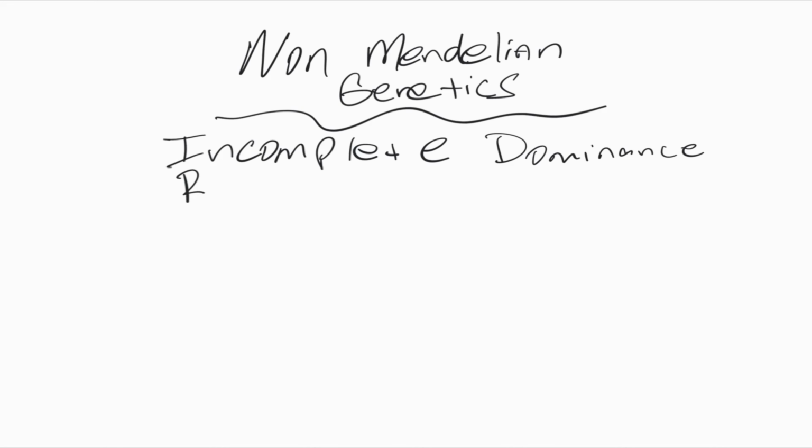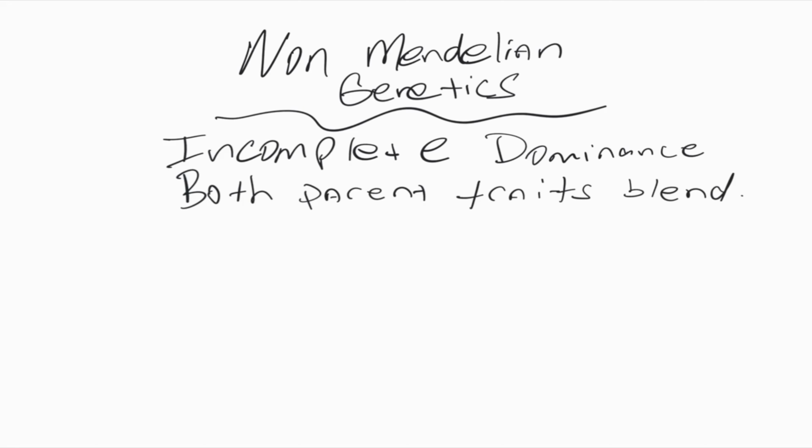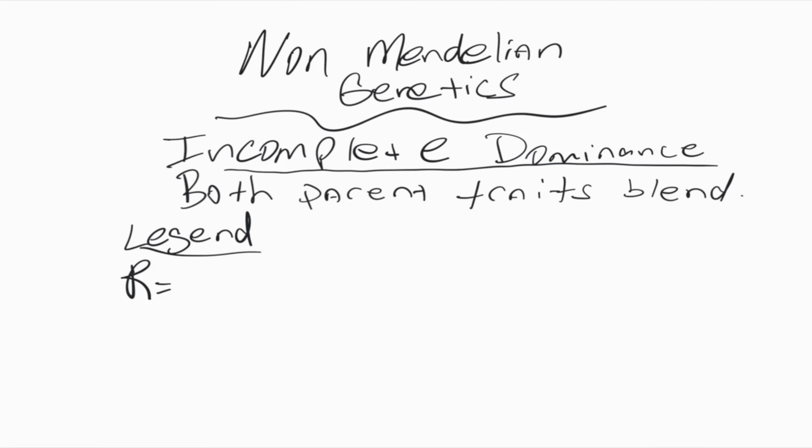Both parent traits blend, so not one overpowers the other. It is referred to as incomplete dominance. Here's our example. We have a red flower represented by a capital R, which means dominant, crossed with a white flower represented by a capital W, and that's also going to be dominant.